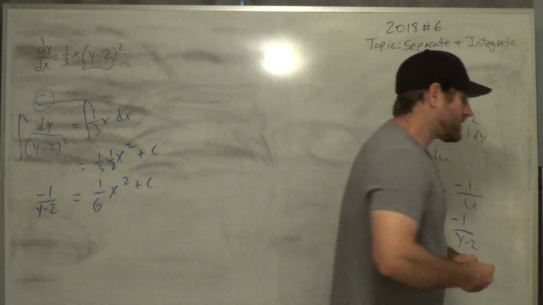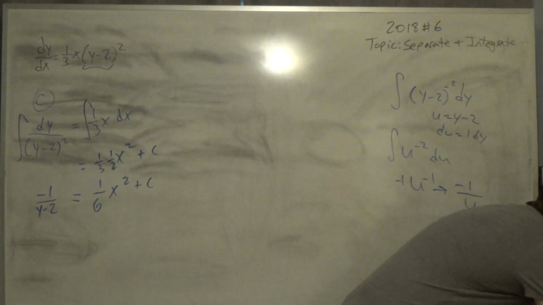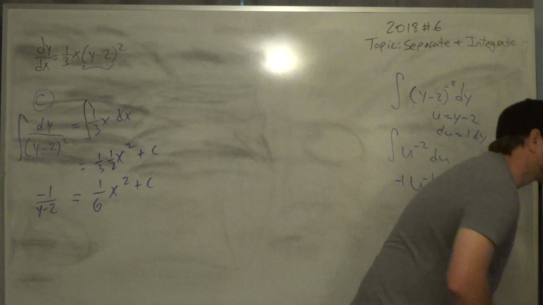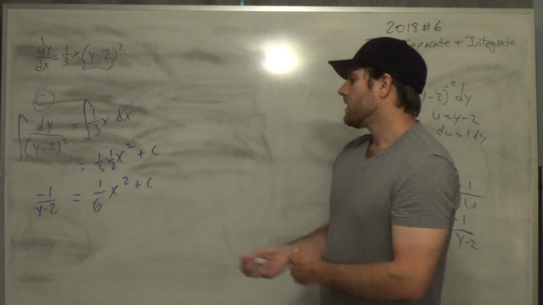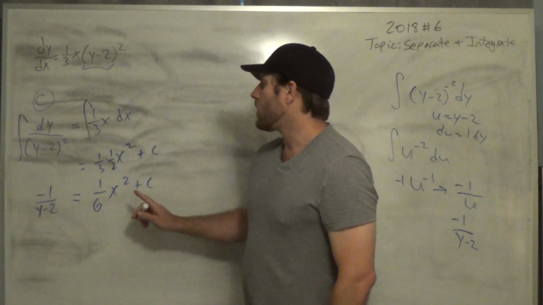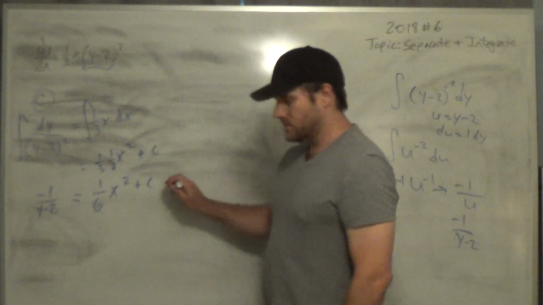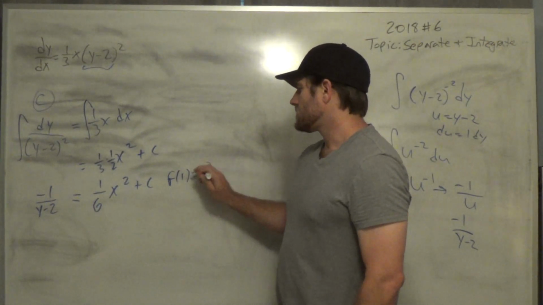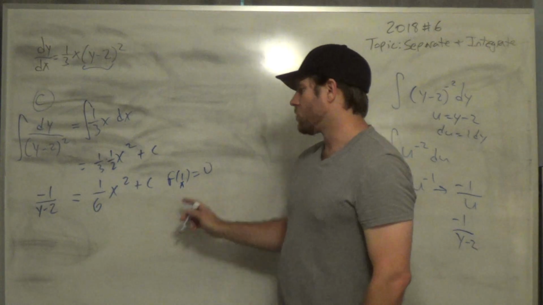Now, nothing wrong with doubting yourself, so I'm going to go double check my answer over here. And it looks good. All right, so now I need to solve for c, and they want me to use the initial condition. If you look at it, f of 1 equals 0. So that's your x, 0 is your y.